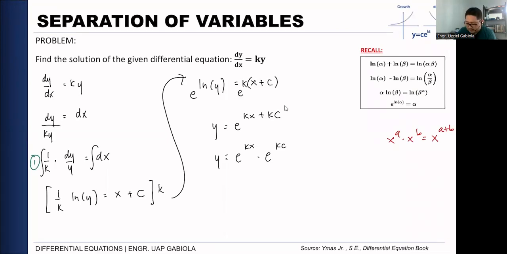Okay? Again, c is the constant of integration, and k is an arbitrary constant of any value. So we can represent this as just one number. So y is equal to e^(kx) times e^(kc). But an exponential raised to any number is also a constant number.